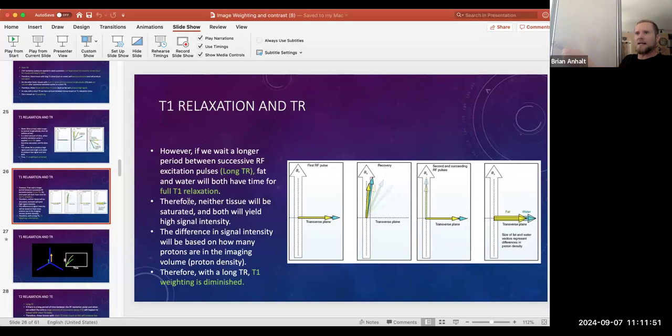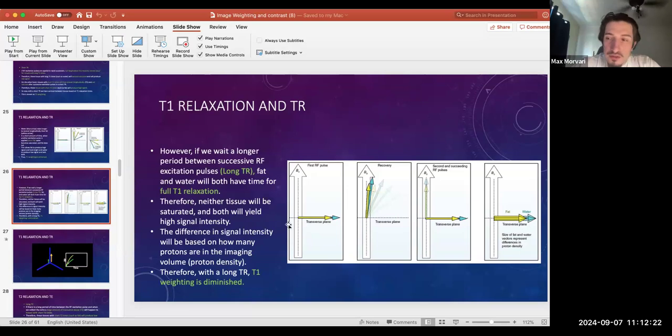And then when we excite again, they both are basically giving the same amount of transverse magnetization, right? Because they both had time to fully recover. So if I want to eliminate T1 information, I need to prescribe a long TR to allow for all tissues to recover fully in the longitudinal plane.